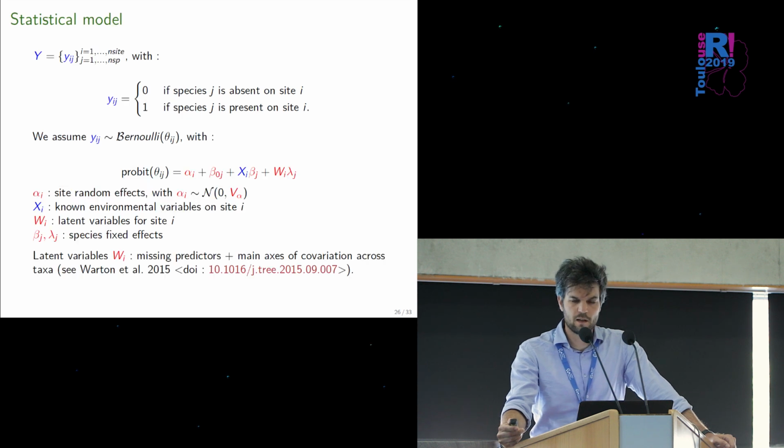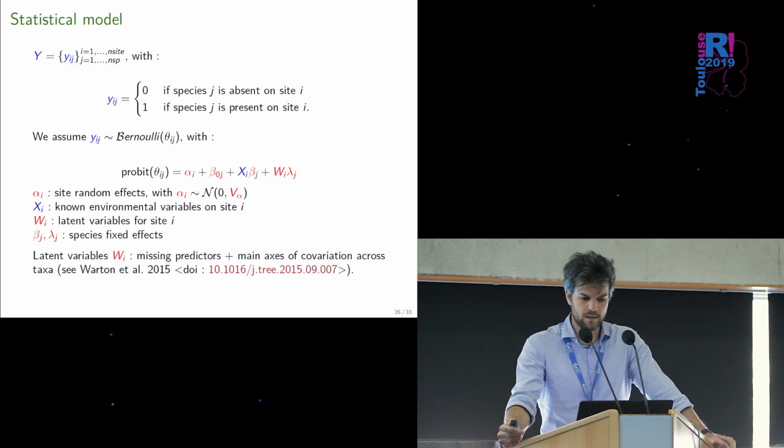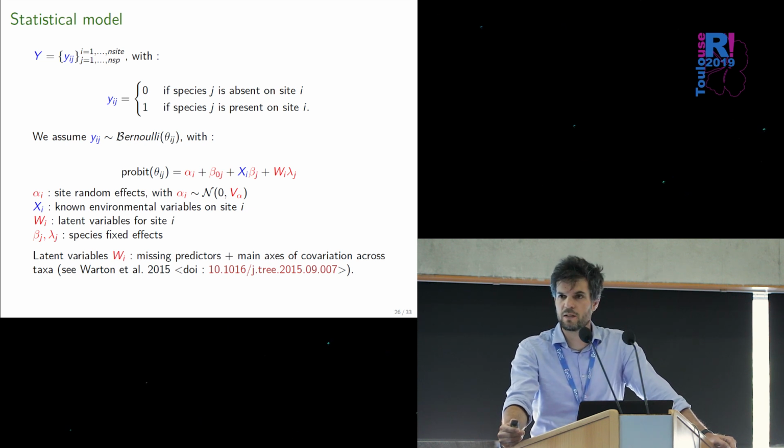This is our statistical model. We have a random variable called y. y equals 0 if the species is absent on site i, and 1 if the species is present. We assume that the random variable follows a Bernoulli distribution with parameter theta, and we can express the probit of theta as a linear model.